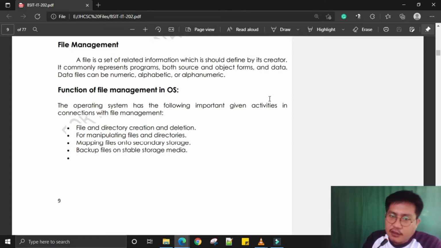And as for the deletion part, it will also manage which of the files will be removed from your storage media. Manipulating files and directories, the file management will arrange your files according to its types, use, and also time.